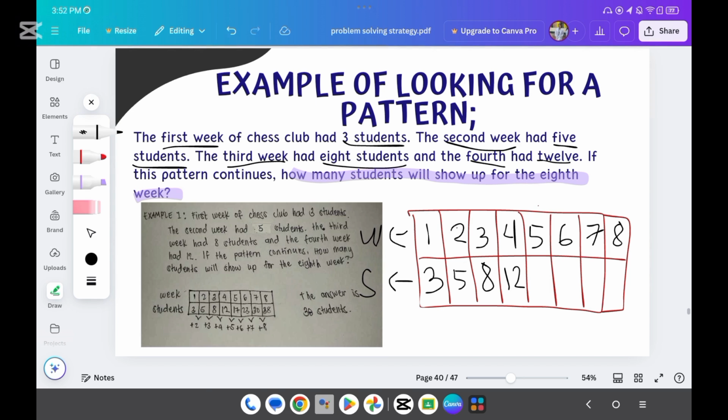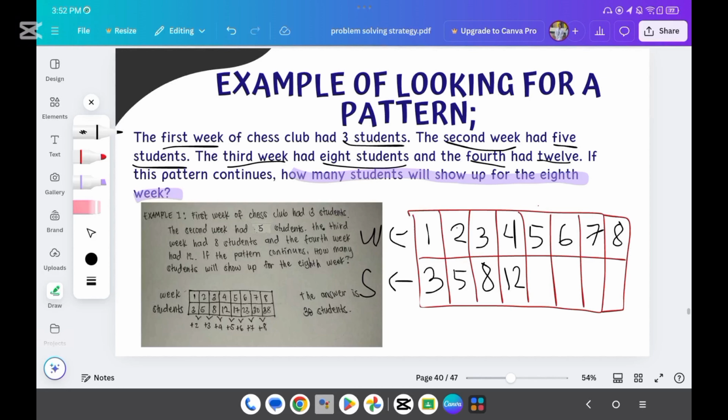Now, kailangan natin malaman ang pattern para malaman natin kung ilang estudyante ang nagpakita sa 8th week, sa 5, 6, 7, and 8th week. Now, let's do that.